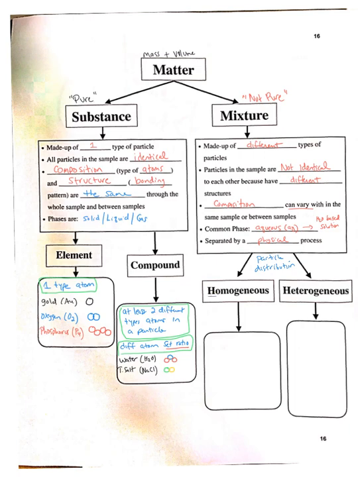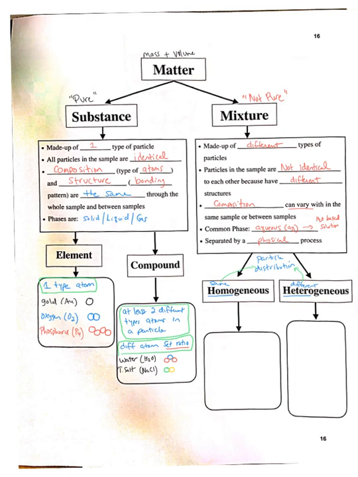So that prefix HOMO entails the idea of same, where HETERO is different. And we put those prefix meanings in front of particle distribution. Those prefixes describe the distribution within the sample.